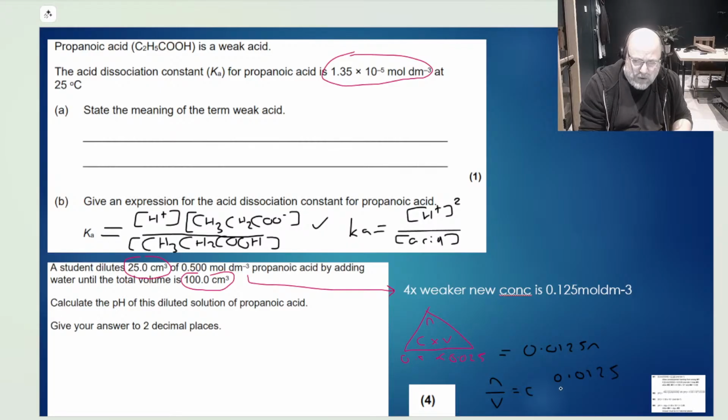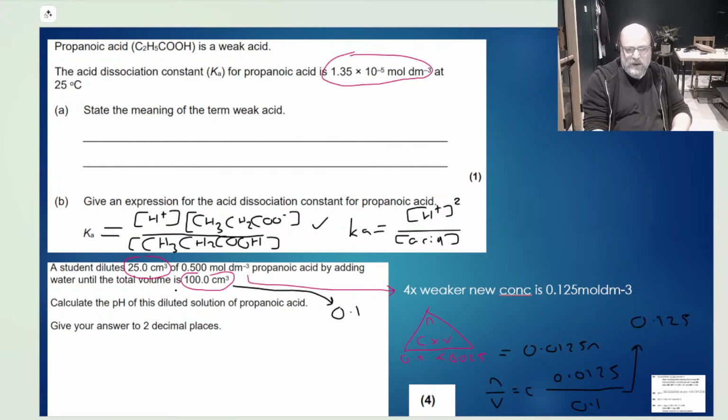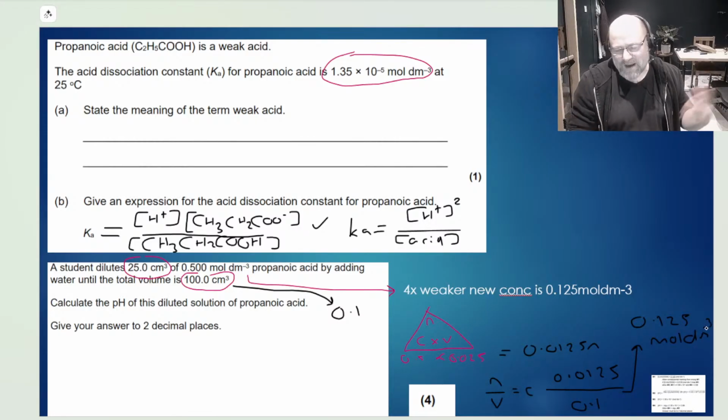I'm going to do 0.0125 over 100 centimeters. 100 centimeters cubed in decimeters cubed is basically 0.1. So I'm going to divide by 0.1, and that is going to give you 0.125. So it shows you. Now, we could have just simplified it by going, look, it's 4 times weaker, it's 0.125. Or you can work it out the long way like this. Both ways work, but it's much easier to just take 100 divided by 4.